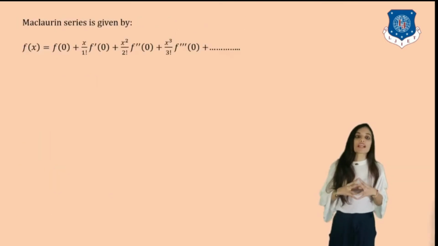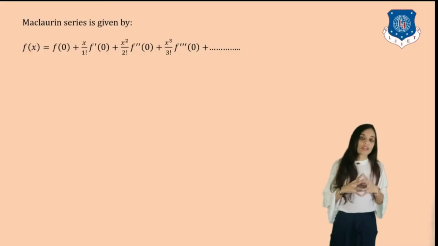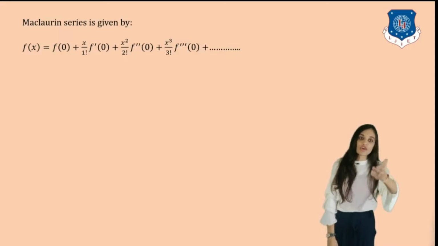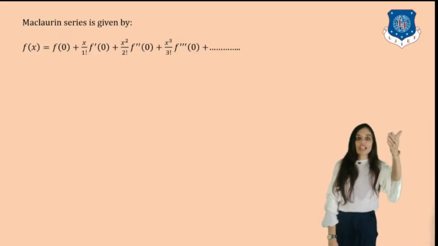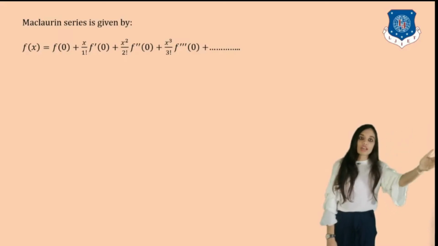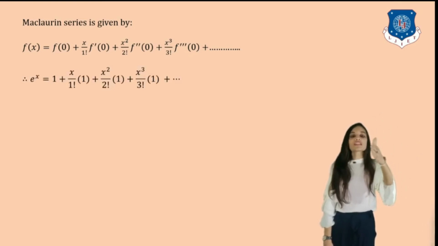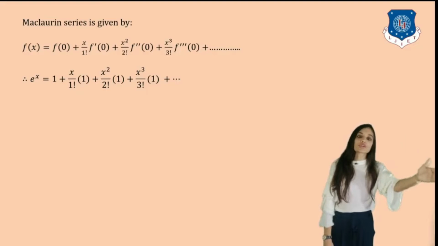Now let us find the Maclaurin series of e raised to x. Maclaurin series is given by again f of x is equal to f of 0 plus x upon 1 factorial f dash of 0 plus and so on. Now here every derivative and f of 0 is equal to 1 at x is equal to 0.